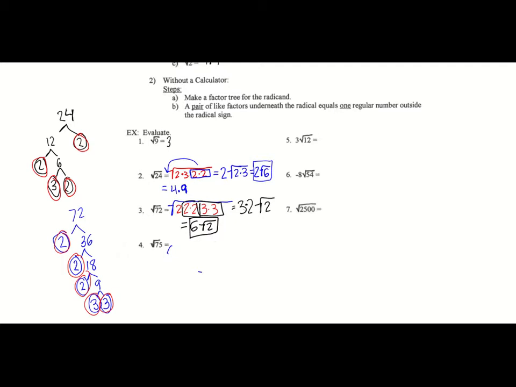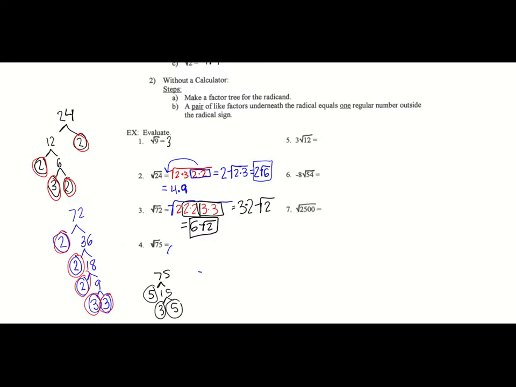For the next one, 75, I can break that up into 5. I know I can divide that by 5. And that is going to give me 5 times 15 gives me 75. My 5 can't divide up anymore, so I'm going to have 15 also gives me 3 times 5. 3 times 5 gives me 15.